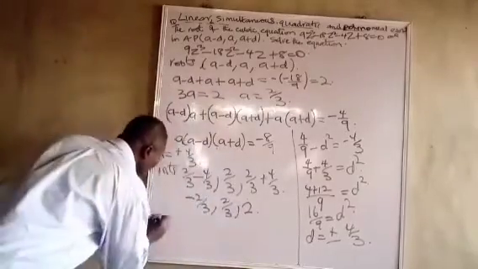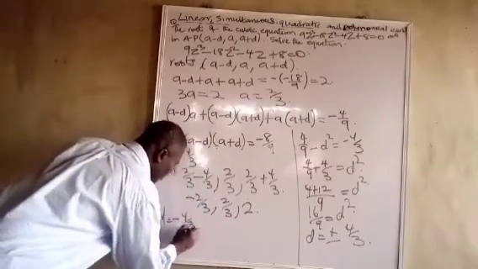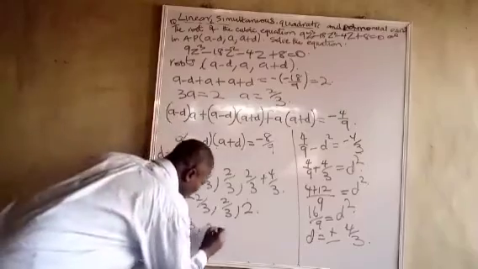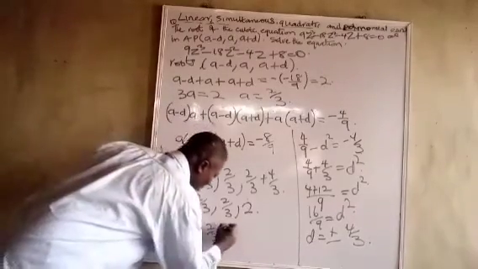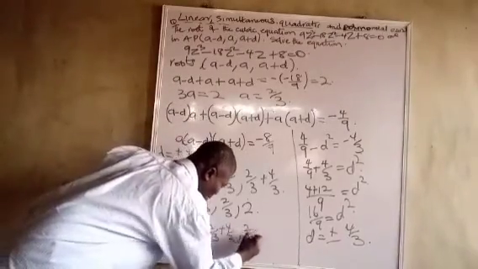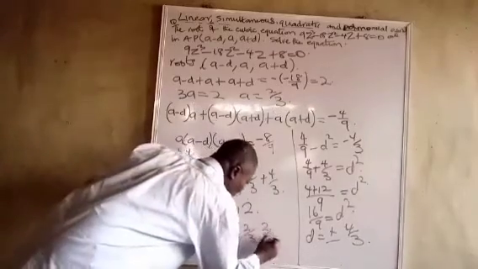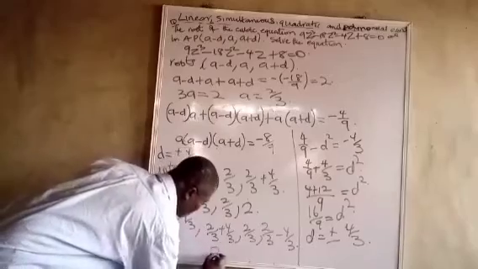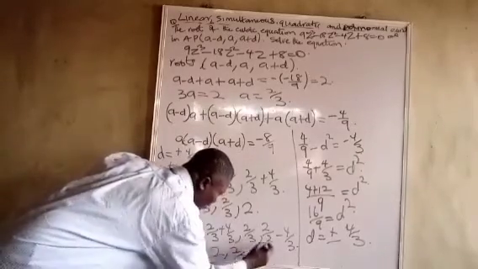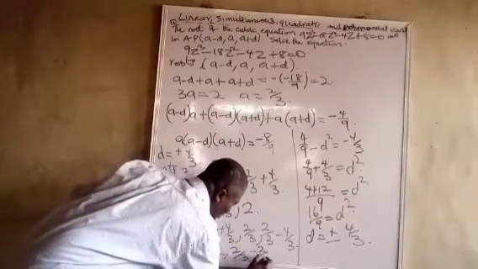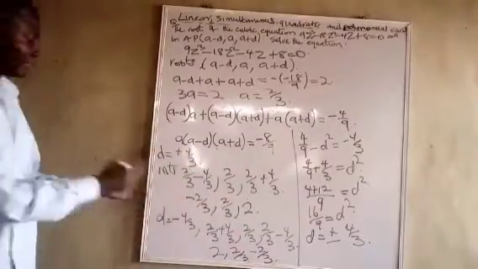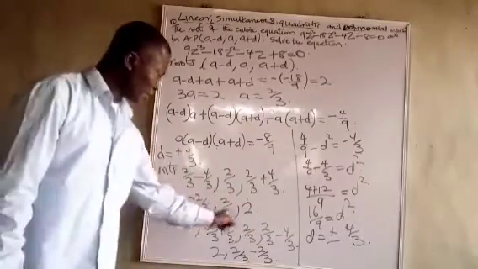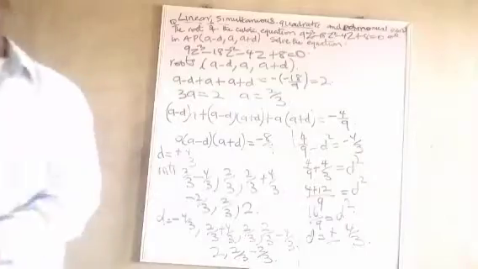So if d is minus 4 over 3, what do I have? I have 2 over 3 plus 4 over 3, 2 over 3, and 2 over 3 minus 4 over 3. So you can see this one is 2, 2 over 3, and minus 2 over 3. So you can see, just change the order. That's all. Minus 2 over 3, 2 over 3, 2; 2, 2 over 3, minus 2 over 3.